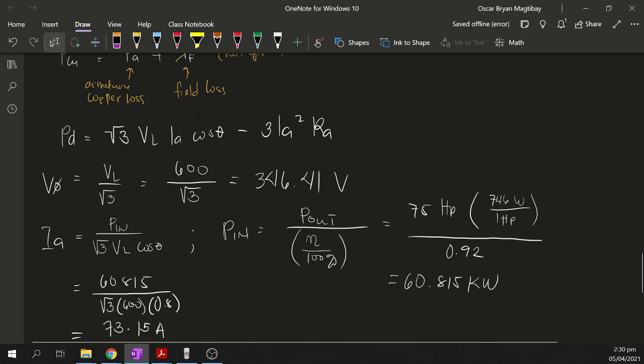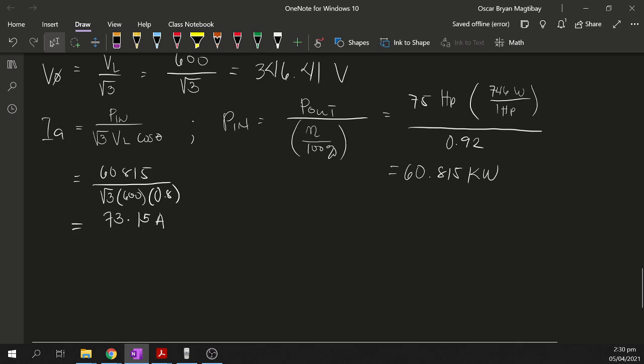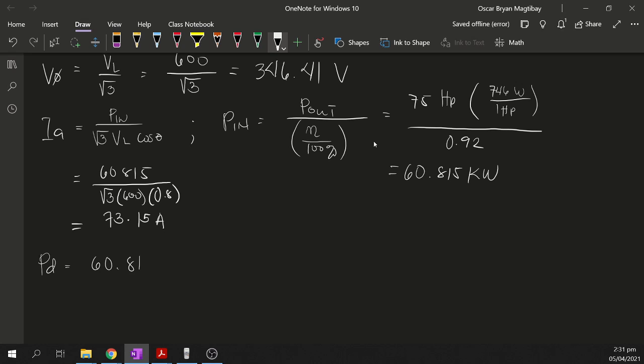Sa tingin ko pwede na natin palang masolve to, no? Kasi meron na tayong formula for PD. Ito. Hindi na pala natin kailangan kuhanin si vector diagram. PD is equal to P in, 60.815 kilowatts.